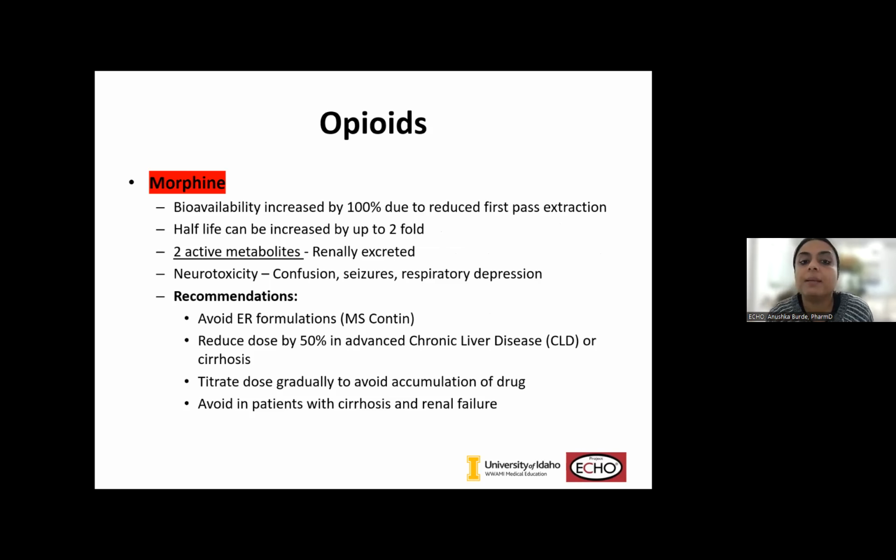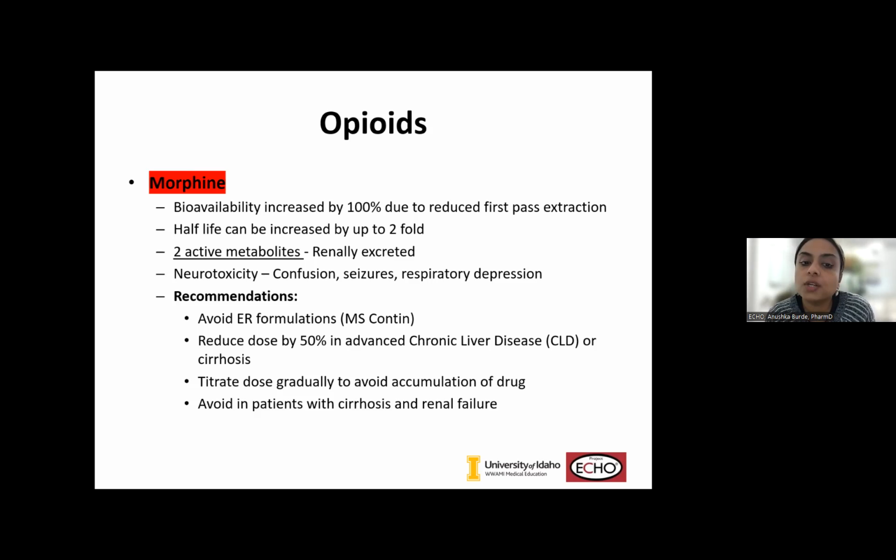Morphine: the bioavailability is increased by 100% due to reduced first-pass metabolism, as I mentioned on my first slide, and the half-life can be increased by up to 2-fold. Morphine is broken down into 2 active metabolites, which are renally excreted. In the setting of cirrhosis, if these 2 active metabolites are not easily cleared, because somebody who has decompensated cirrhosis may also have kidney issues, then those metabolites can result in neurotoxicity such as confusion, seizures, and respiratory depression.